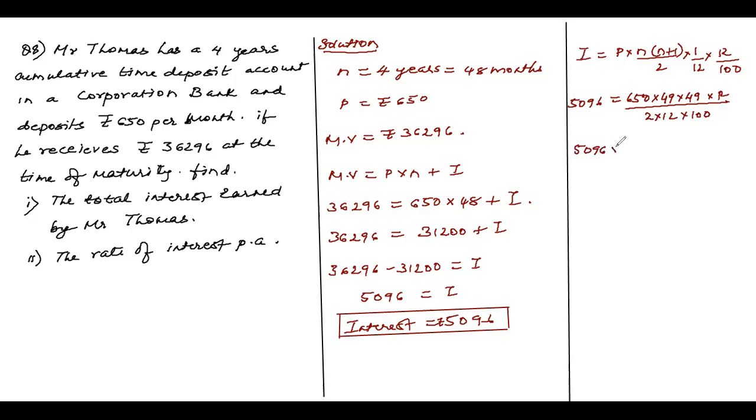So 5096 into 2 into 12 into 100, the whole thing upon, children, 650 into 49 into 48, and what is left out here?